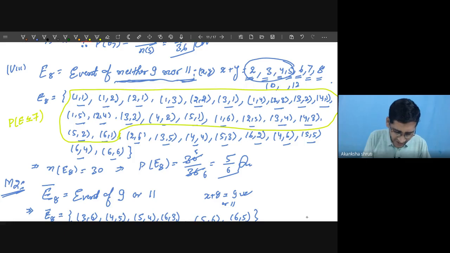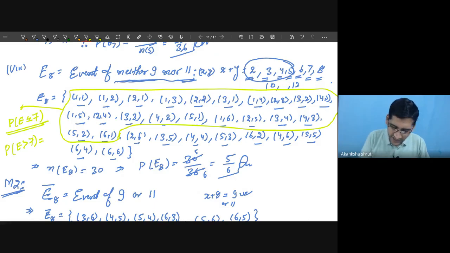If we calculate this much, up to 7, then only we can get the probability of event greater than 7. So either we may count it directly or by this one also.